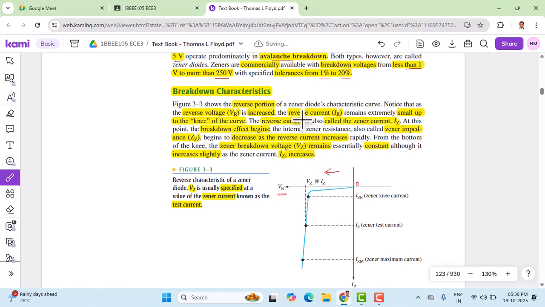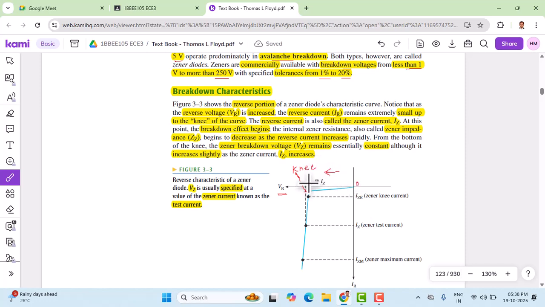As we can see, the Zener reverse current, IR, remains extremely small in the beginning as the reverse voltage keeps increasing. It's very close to the x-axis. Then we reach the bent region, called the knee region, which I'll circle here.